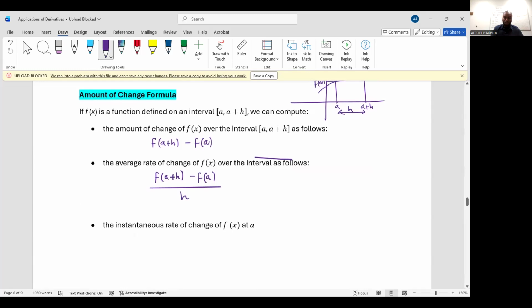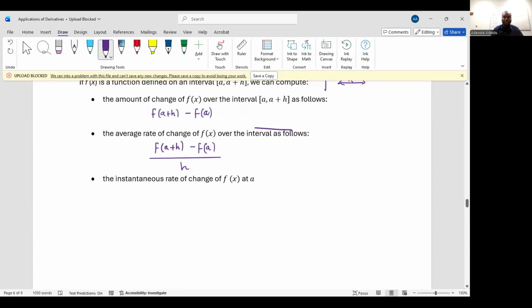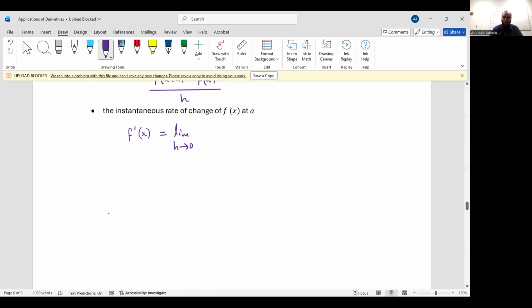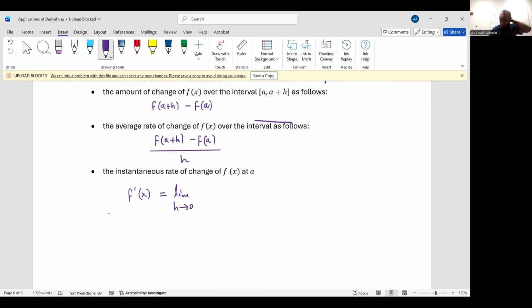Okay, just repeating what we have done. Instantaneous rate of change of f of x. Remember, it is given as this. So which is now the limit as that change, h, getting closer and closer to 0, but never equal to 0, saying the limit as h goes to 0 of our expression in the bullet above.